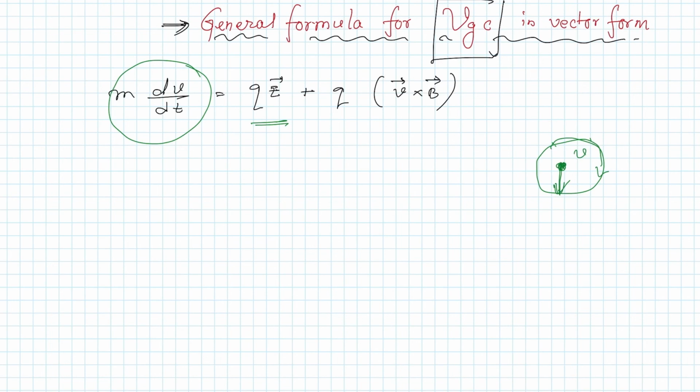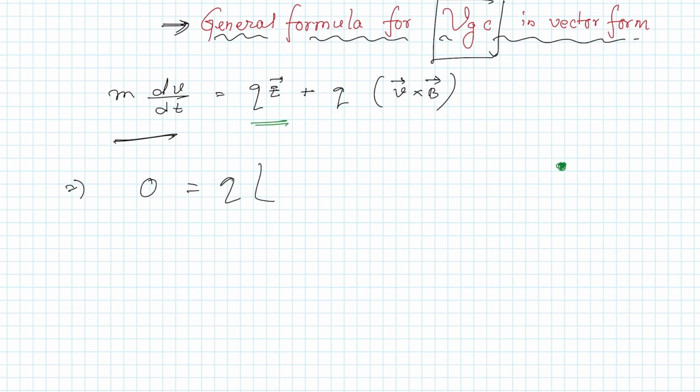That's why we can write this side as 0, so q(E vector plus v vector cross B). That's how we can write E plus v cross B is equal to 0.